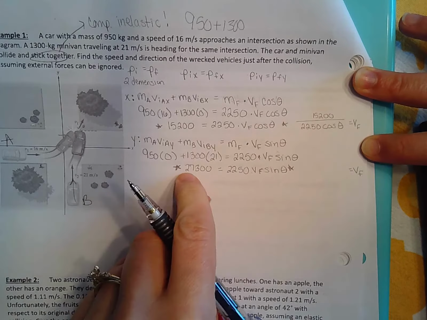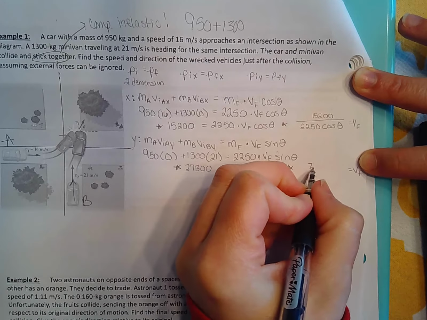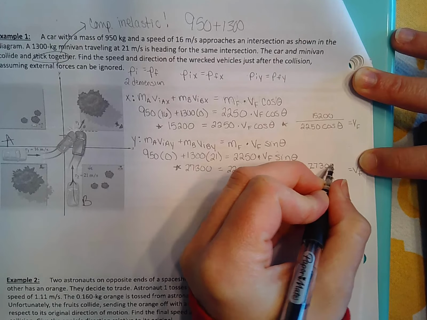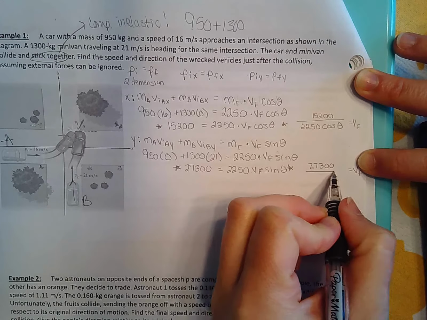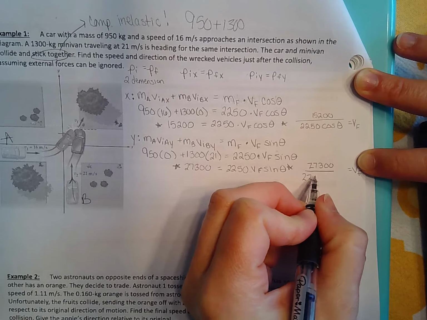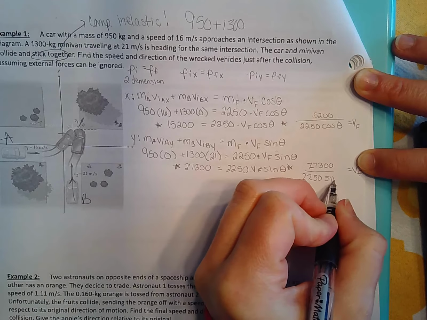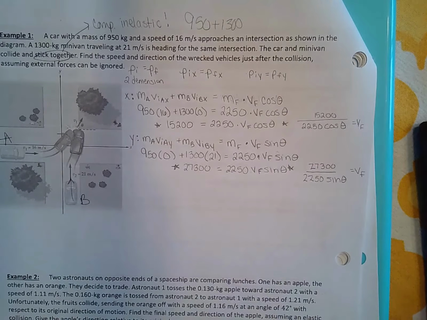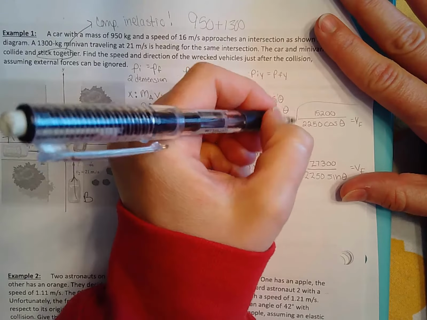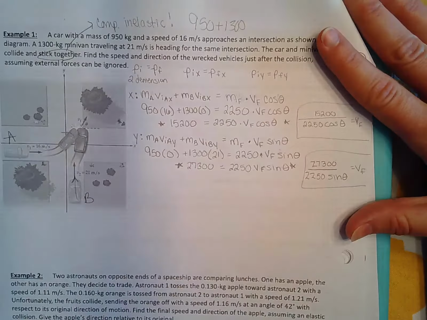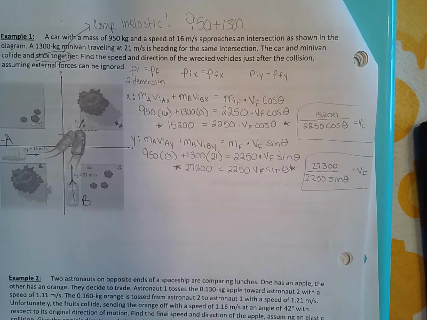Let's see, I'm going to get 27,300 over 2250 sine of theta.